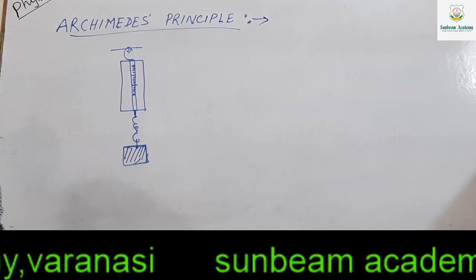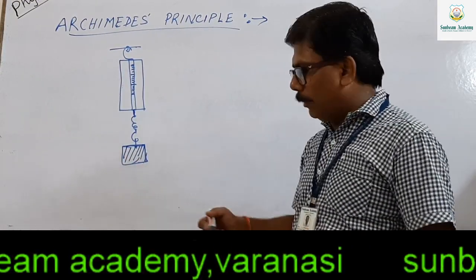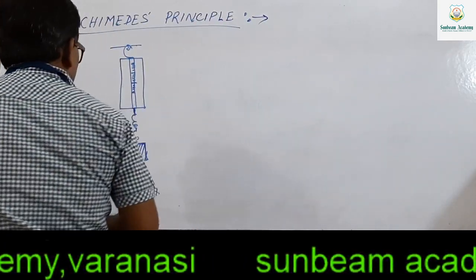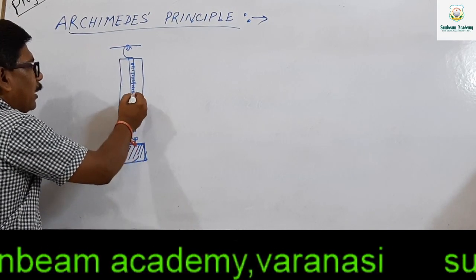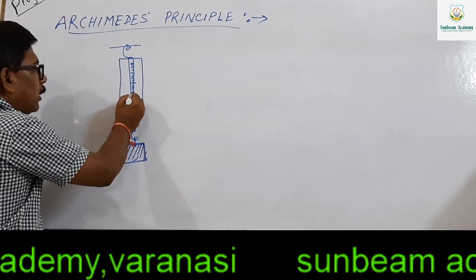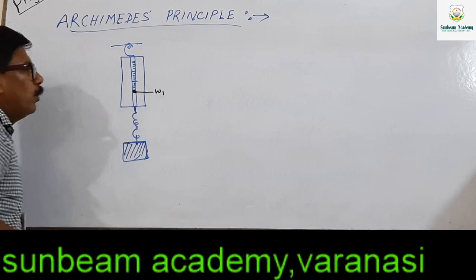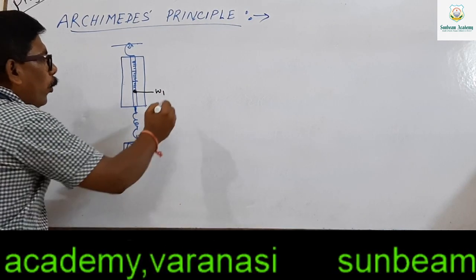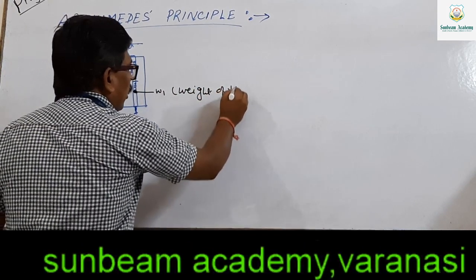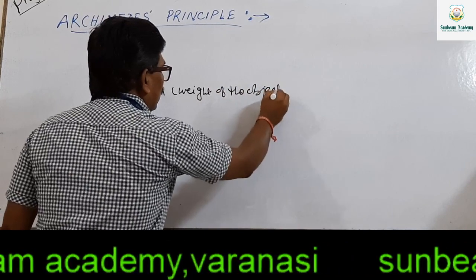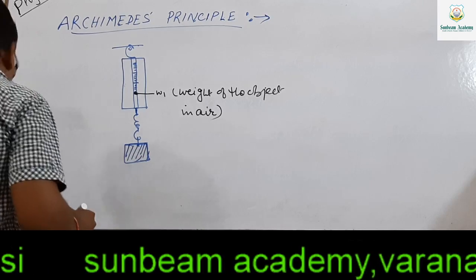Now, what will happen? When you hang the object on the spring balance, the spring of the balance stretches and the pointer comes down somewhere here. यहां कुछ आ जाएगा, इसको हम मान लेते हैं कि W1, that is the weight of the object in air. ये हमने W1 मान दिया.